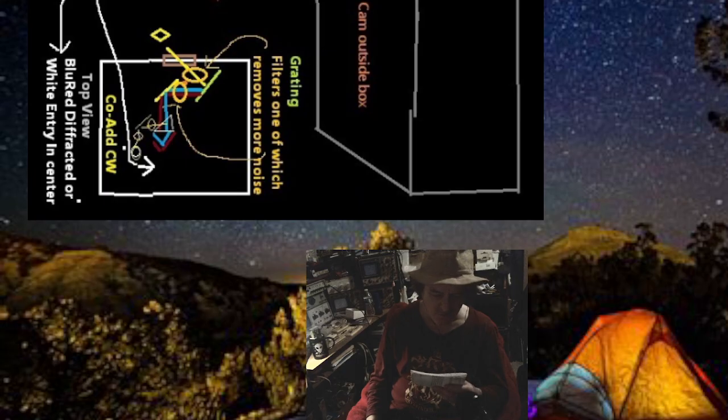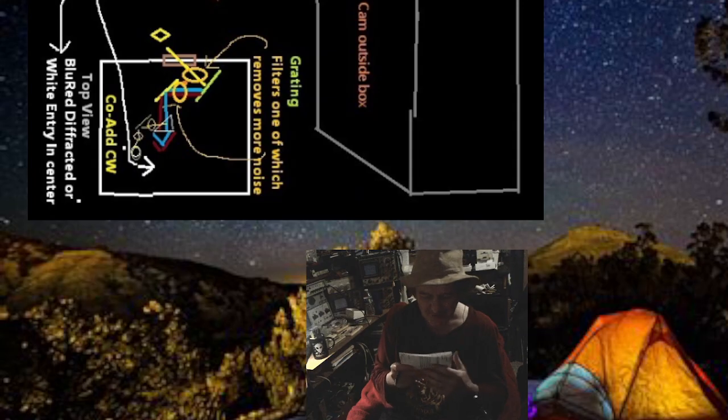The signal is going from right to left. So why can't I? Yeah, but if I look on the other side, it's going from left to right. What the hell? This is so convoluted, it's not funny.